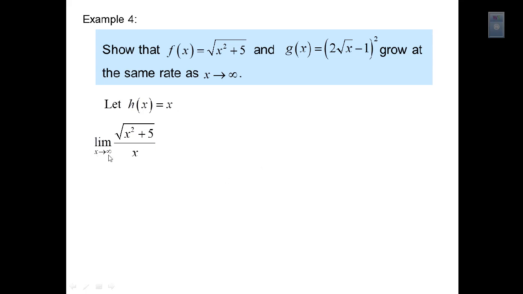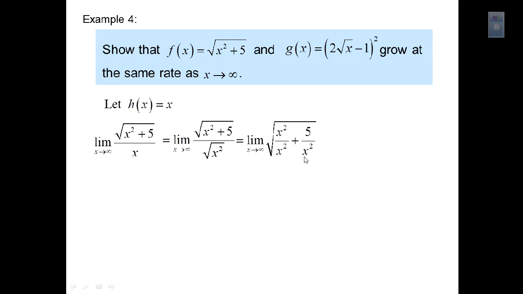So the limit as x approaches infinity of the square root of x squared plus 5 over x. As x goes off to infinity, we can rephrase this as the square root of x squared, and we're going to be able to put all that in one radical and divide the x squared into both parts. So we end up with 1 plus 5 over x squared.